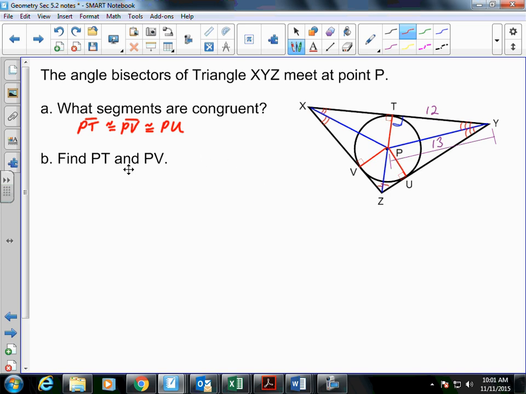And then lastly, it wants us to find the length of PT and PV. So PT, PV, we just said that they're the same length, they're congruent. So if I can find the length of one, then I know the length of both of them. And then in this picture, they give me two measurements.